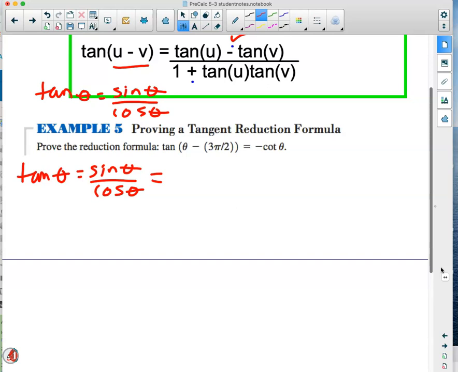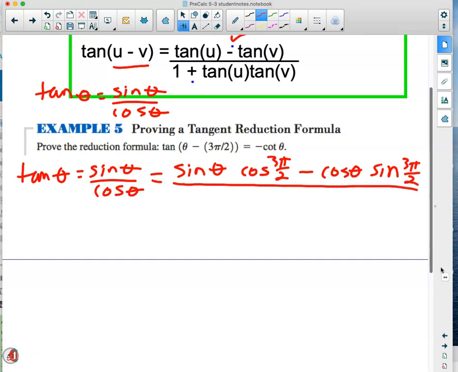So sine of theta follows that pattern. We're going to need sine, cosine, cosine, sine, and this was subtraction, and sine, cosine, cosine, sine keeps that subtraction. We're going to put theta and 3 pi over 2 in here. And then we'll go down to the denominator, and we need the cosine, and we want to use theta minus 3 pi over 2.